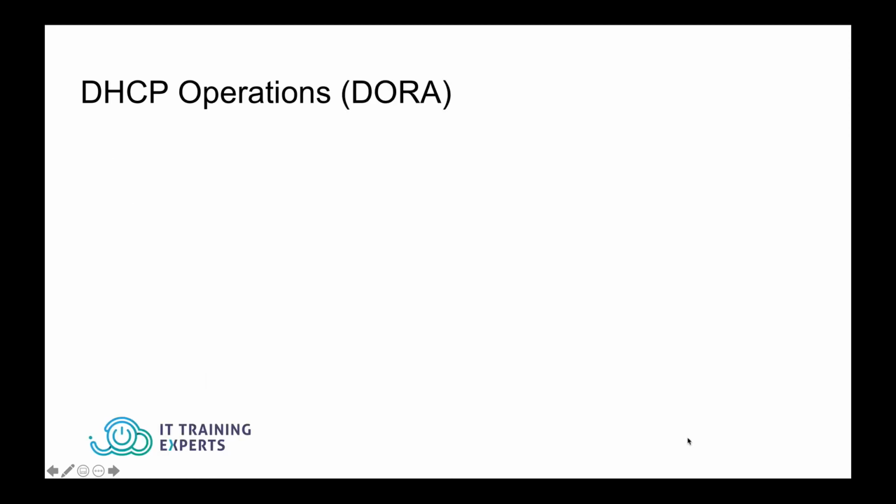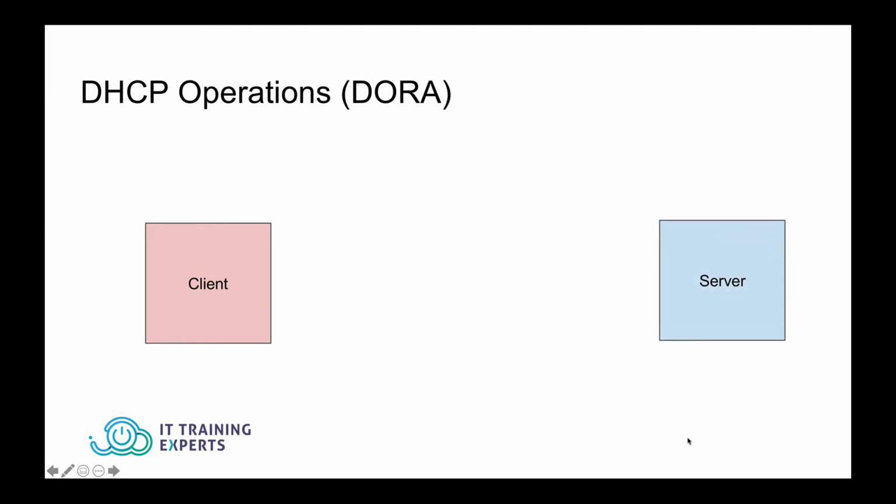So let's jump into the DHCP operations, or what some in the industry call DORA. We'll build out a little diagram here where we have a client and a server. We talked about this client-server protocol. Let's say this client is a new laptop and it just arrived at your office, and you power it up.